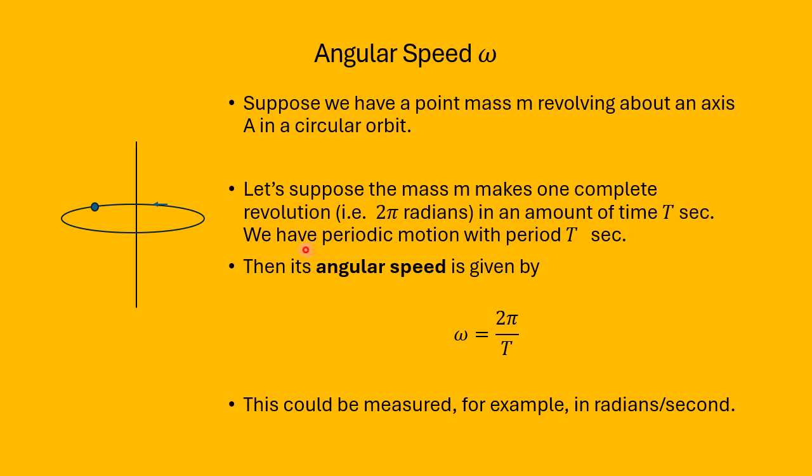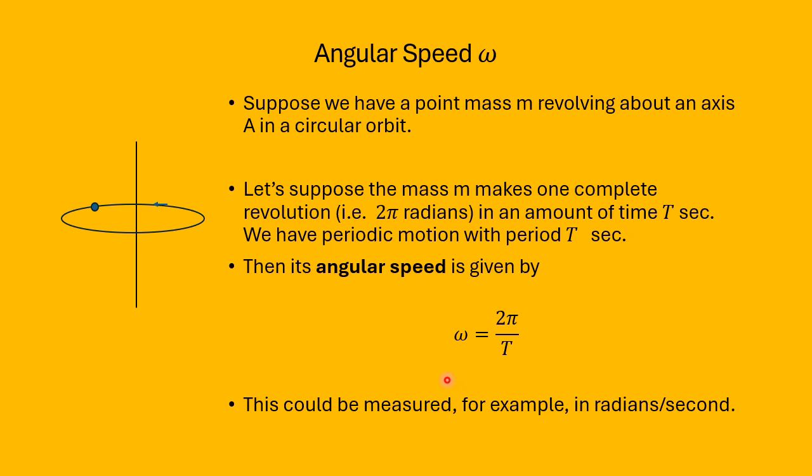In that case, we have a periodic motion with period T seconds, and we will define the angular speed of this mass as omega equals 2 pi, measured in radians, divided by T, which in this example we measured in seconds.